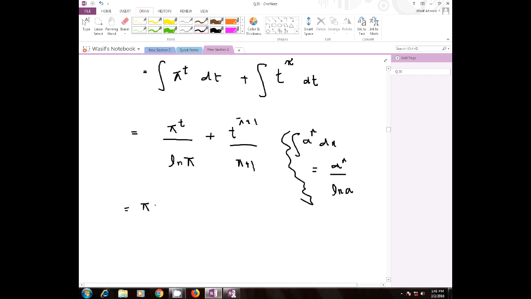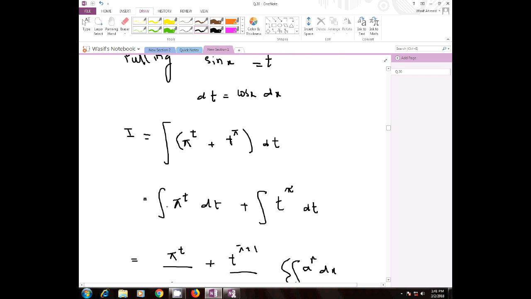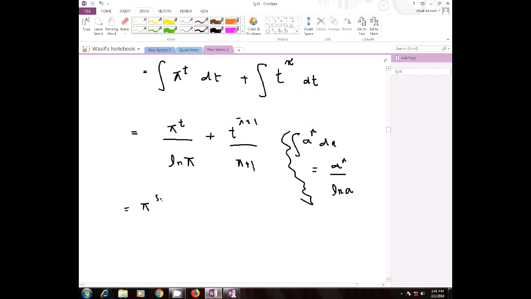So pi raised to the power t, and t is equal to sin x, divided by ln pi, plus 1 divided by pi plus 1, t raised to the power pi plus 1, that is sin x raised to the power pi plus 1, plus the constant of integration.